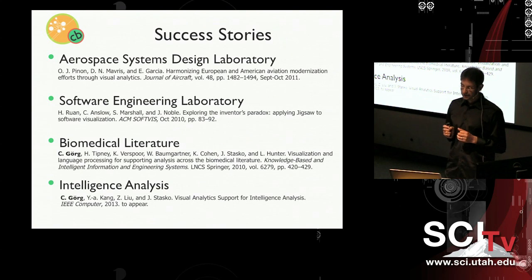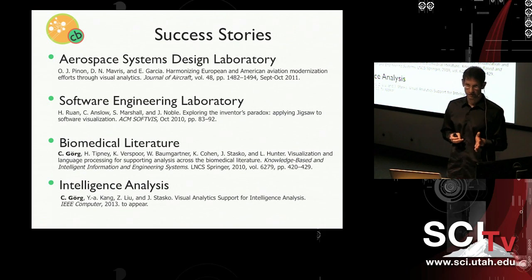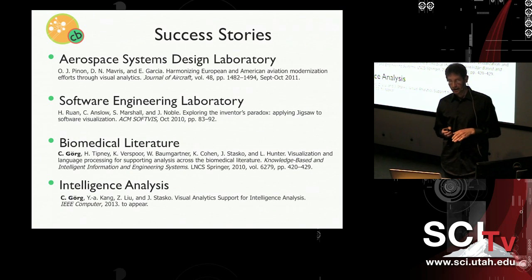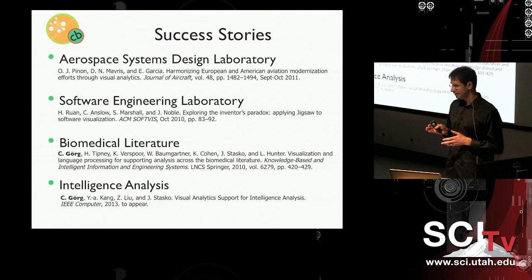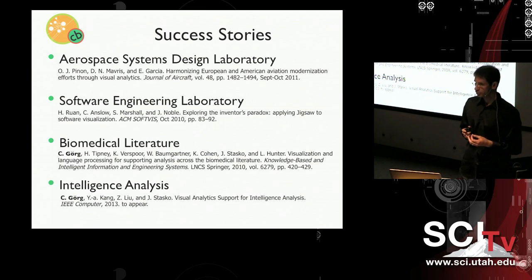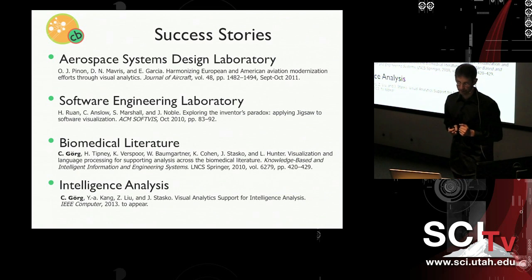And they really had some interesting insights that they found using the Jigsaw system, and they published it in the Journal of Aircraft. In a second example, a software engineering lab in New Zealand was using Jigsaw to analyze Java source code, which is really kind of like a stretch of the original domain, but they basically built their custom dictionary using the Java language, and then they used the system to really understand in big projects what the connections are between classes, methods, variables, and so on. And they also published an interesting paper about their insights at the SoftBiz conference.